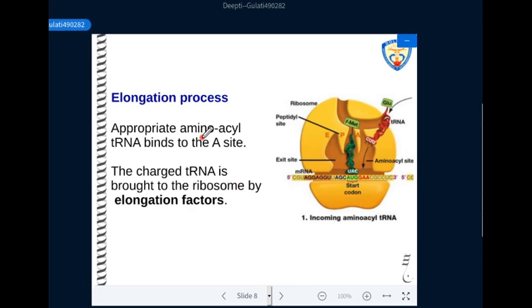So the appropriate aminoacyl tRNA having an anticodon corresponding to the codon present in the A site is brought to the A site and is bound to the A site with the help of the elongation factors. We have EF-Tu and we have EF-Ts.